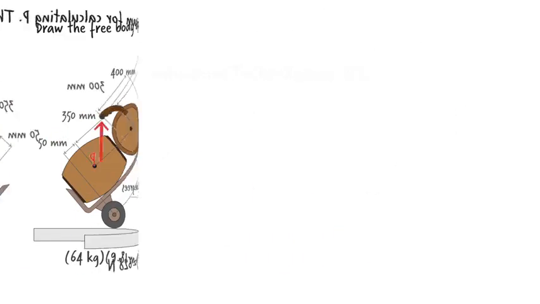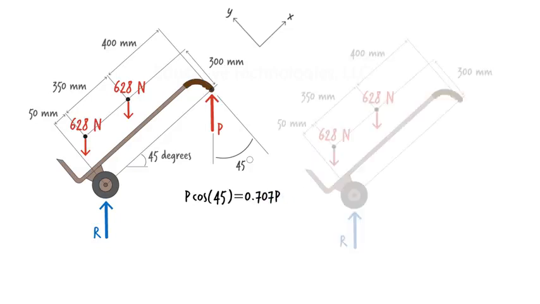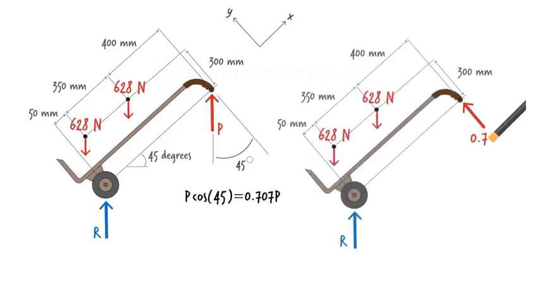Since we have the key distances specified along the inclined plane, let's define our coordinate system along that plane as well. Now we can rewrite each force in terms of its x and y components. P makes a 45-degree angle with the y-axis, so P times cosine of 45 gives us the y component of the force, and P times sine of 45 gives the x component of the force.